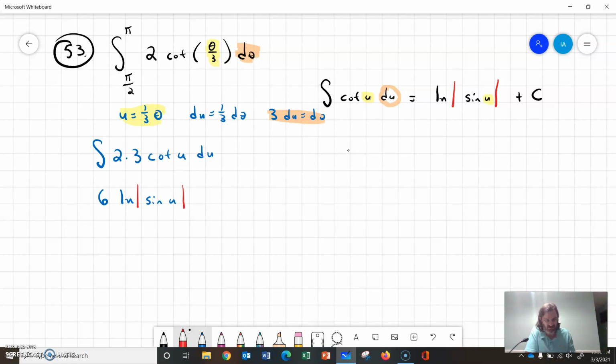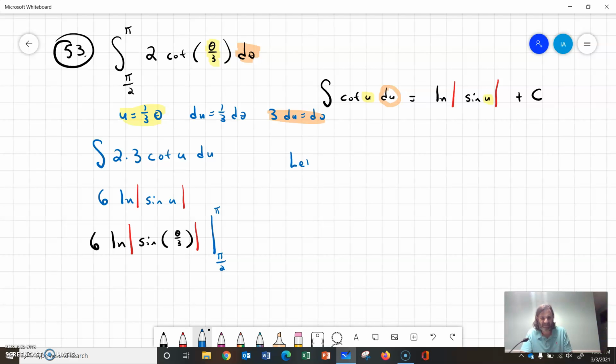But remember that u was something else, so when I get back here, I'll have 6 natural log of the sine of theta over 3. And that will be evaluated from pi over 2 to pi.